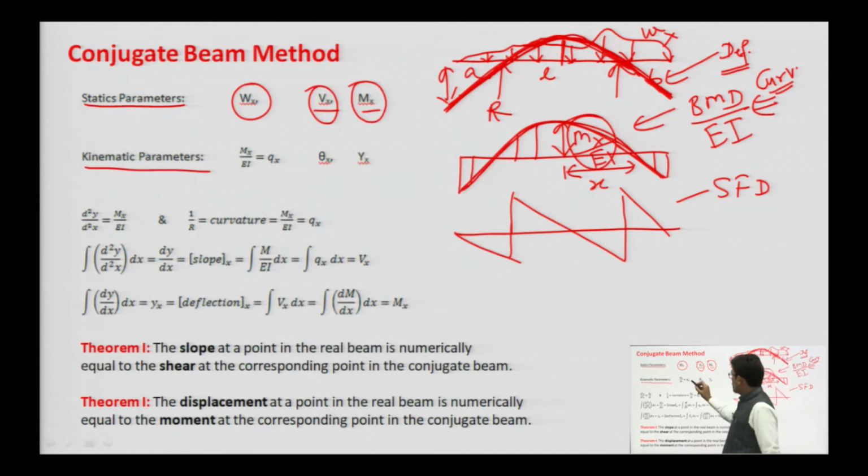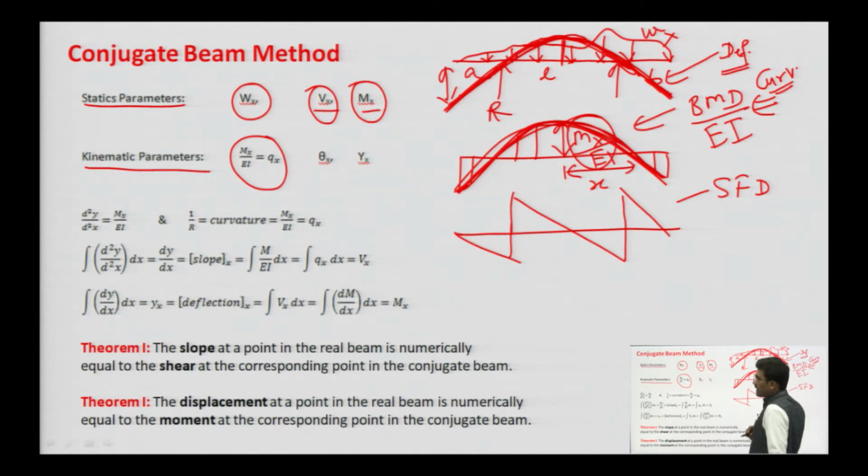Say it is q x. This curvature is a kinematic parameter, and slope and displacement at any point are also kinematic parameters.